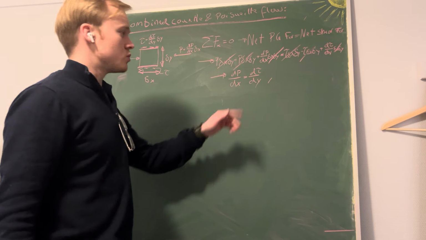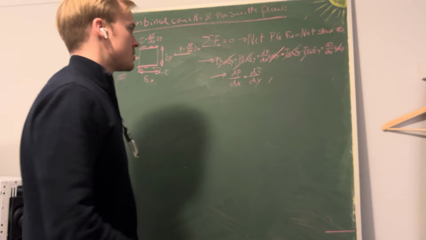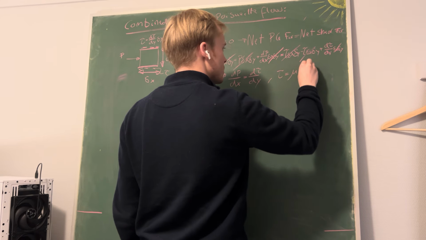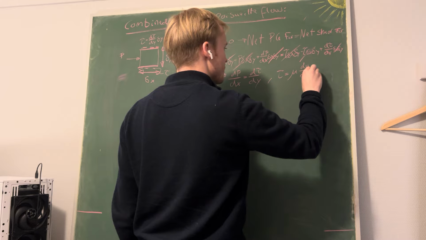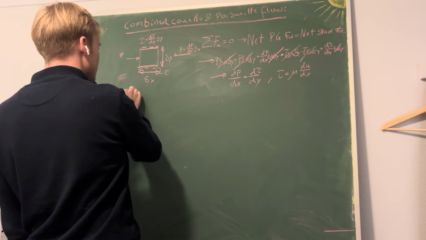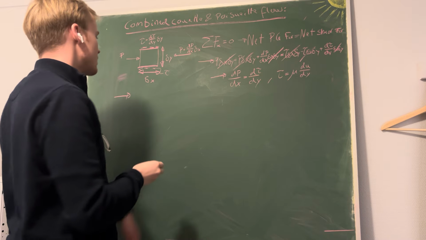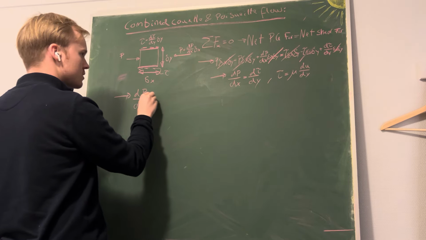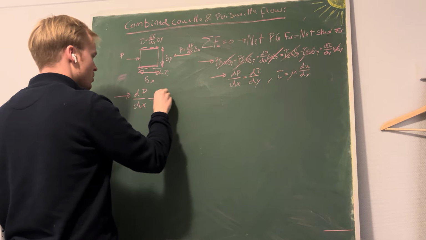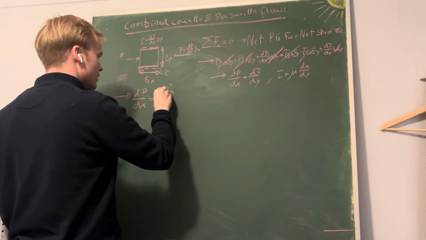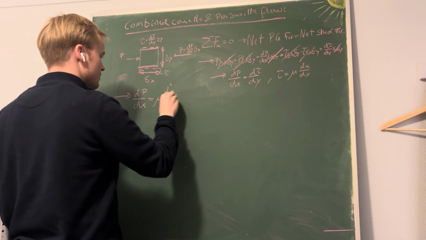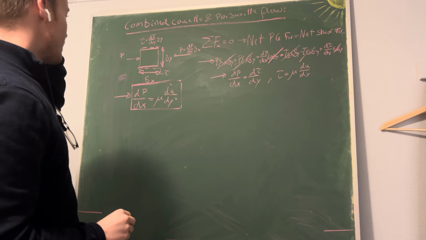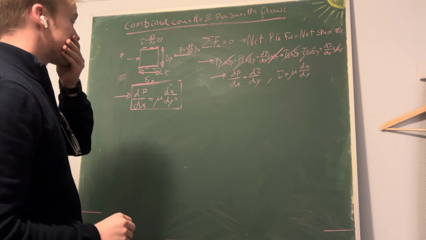Then we substitute in Newton's law of viscosity, tau is equal to mu du dy, and we get dp dx is equal to mu d squared u dy squared, right? And then we had our boundary conditions.